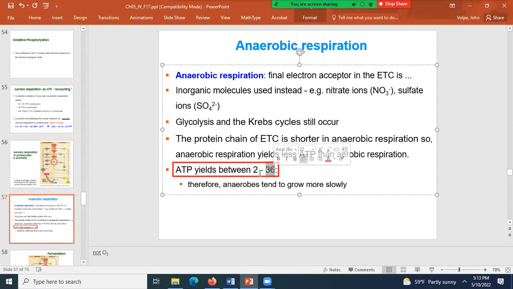And I'm not sure how low the lowest is, but it's not much better than fermentation, which we'll talk about next. Because anaerobes generate less ATP molecules per molecule of glucose, they tend to grow more slowly than aerobes. Any question about any of that?